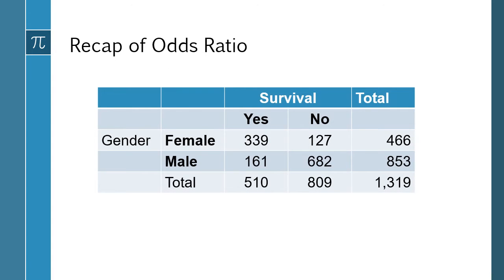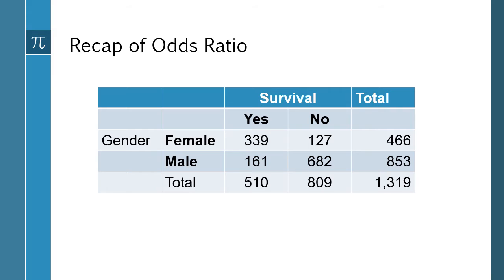Okay, so you recall in EPI, you set up your 2x2 table to look something like this. First you have the exposure on the left, here female and male. And then across the top, you have your outcome, yes or no, for survival. Here we can see that the females who survived, the total was 339.